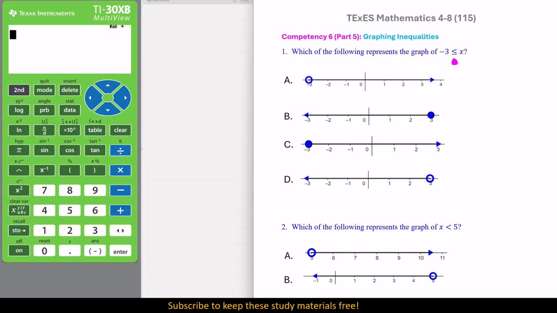So that should be on the -3. So we go over here and we see that for A, we have a -3 that's open. Well, we're not working with an open circle simply because of the line below the inequality, which means less than and equal to. So this closed circle we see in B and C is what we're looking for.